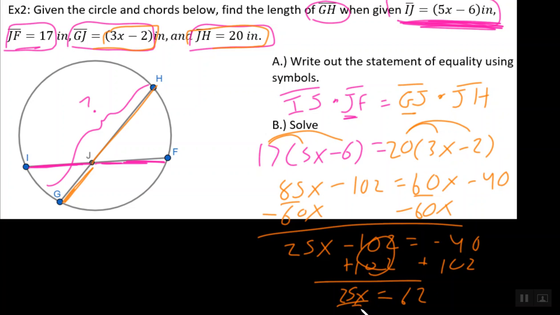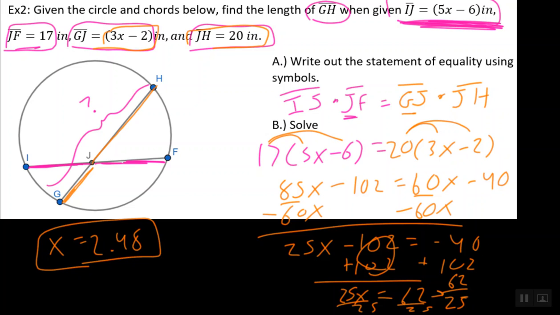Now from here, we're going to divide both sides by 25. And let's see what we get for x. 62 divided by 25 will give us 2.48. Now notice, guys, as always, x is not the answer.